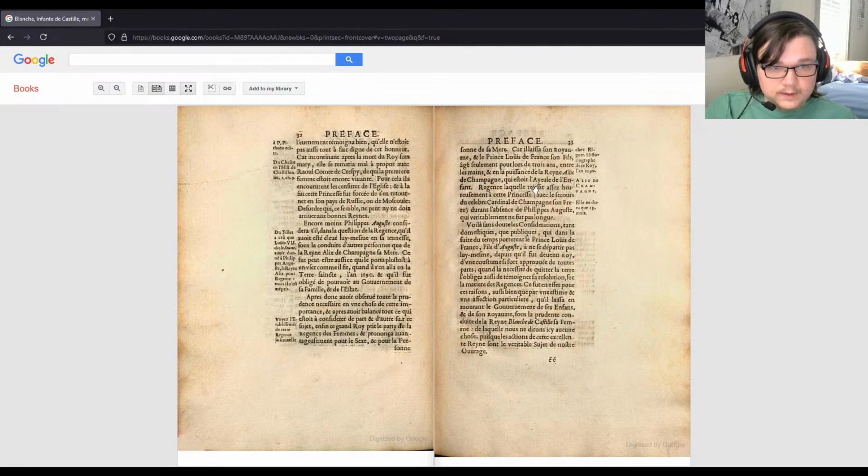La puissance de la reine Alix de Champagne. Régence laquelle rêche. Voilà sans doute les considérations tant domestiques que publiques, which in the following times carried with Prince Louis of France.